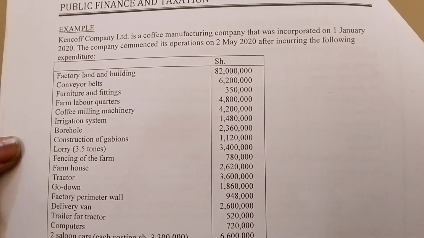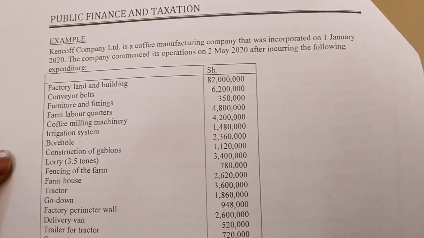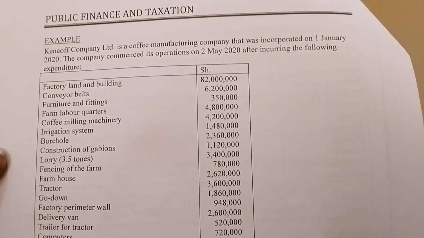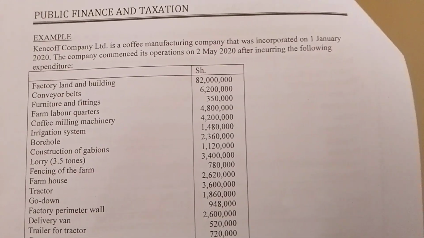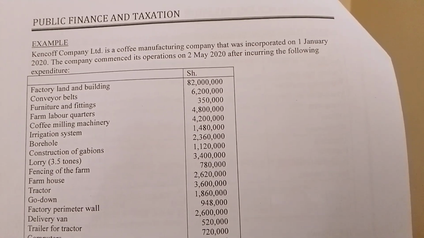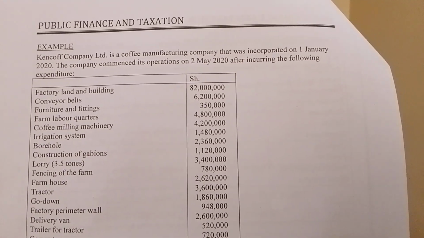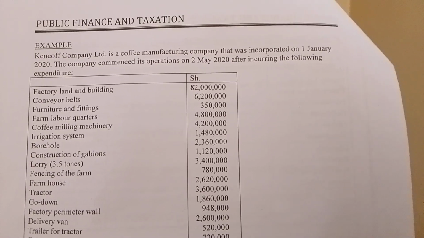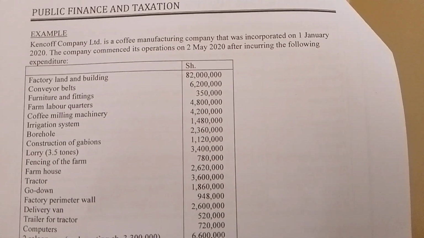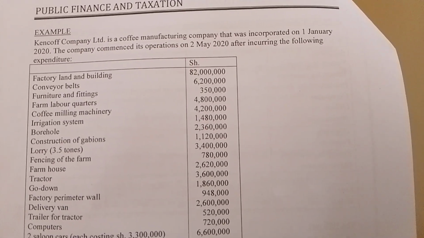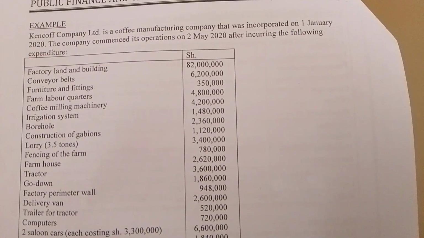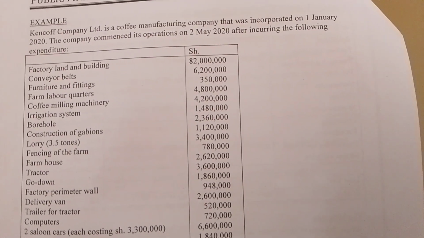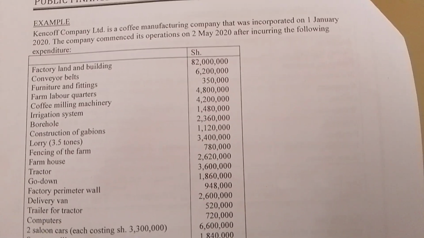Now one thing is that factory obviously qualifies for ID at 50%, but land does not qualify for any capital allowance. So anytime you are given land, ignore land. Land does not qualify for capital allowance. Somewhere you'll be given the cost of land, which is part of factory land and building.